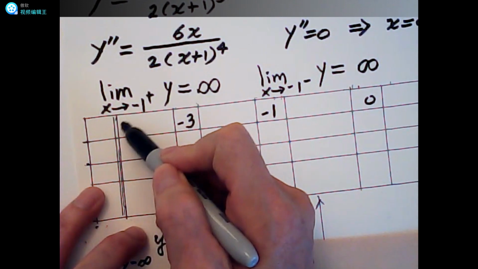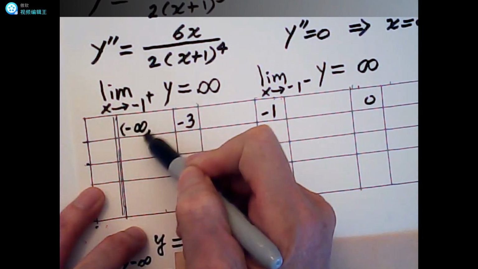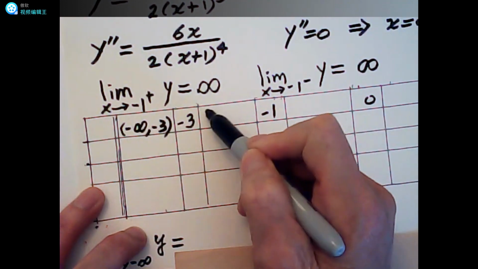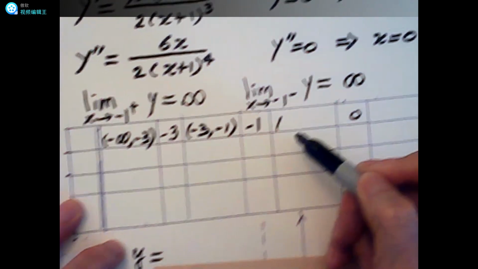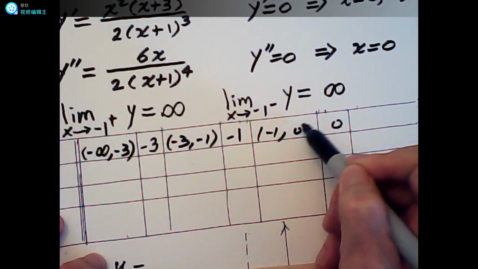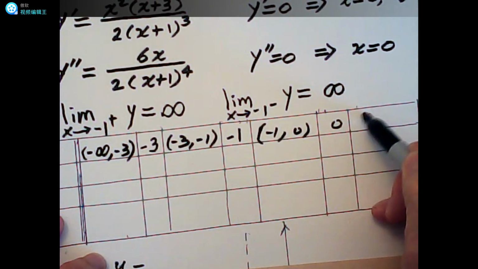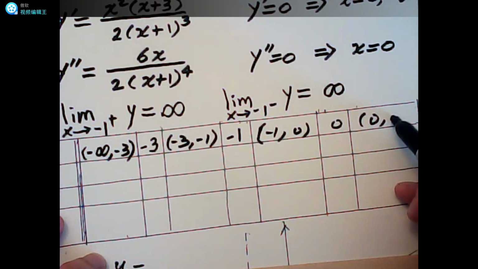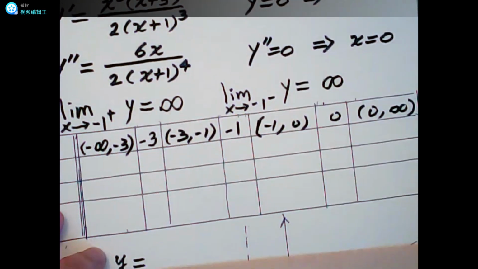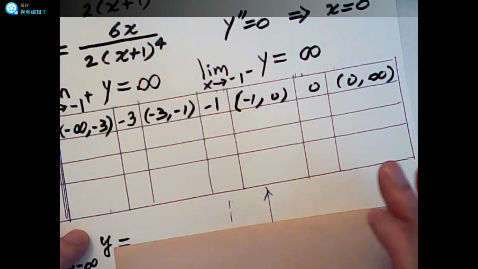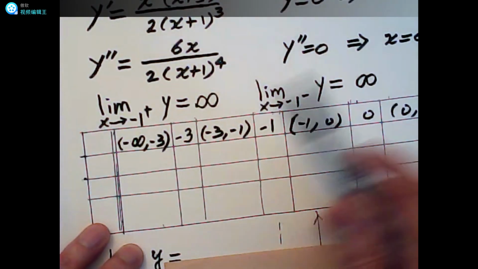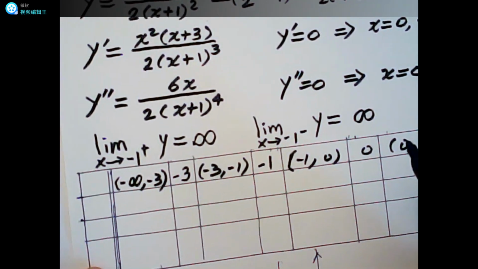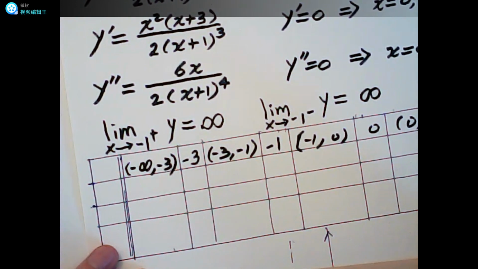So this interval is minus infinity to minus 3, this is minus 3 to minus 1, and then minus 1 to 0, and 0 to infinity. Right? We are sketching the curve. We need to discuss the shape of each sub-interval, so this is why the derivatives play an important role.